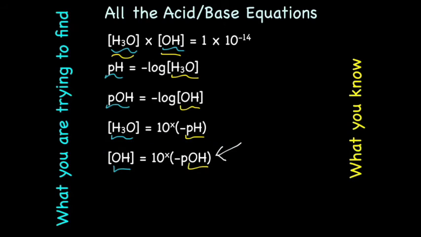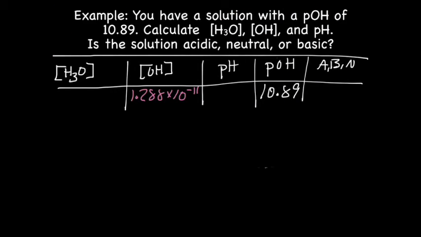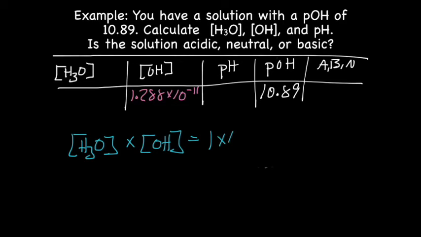We don't need to use that one again. Let's see. We know OH. So how about if we use that equation? So we're going to use concentration of H3O times the concentration of OH equals 1 times 10 to the negative 14th.